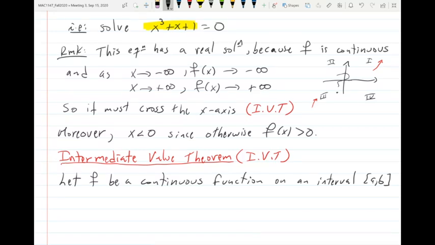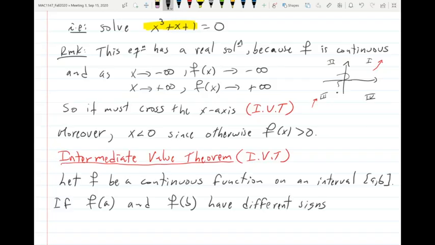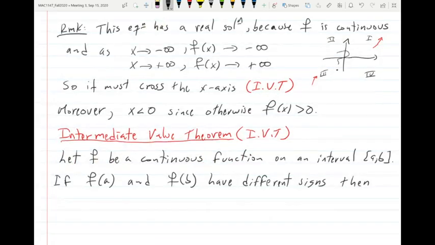So the statement is the following: if f of a, in other words the value of the function at a, and f of b have different signs, so if the values of the function at the endpoints have different signs, then the conclusion is that f has to have a zero inside that interval.